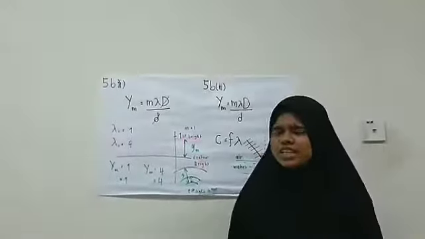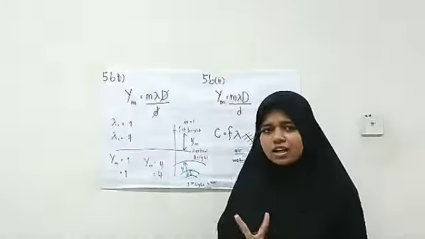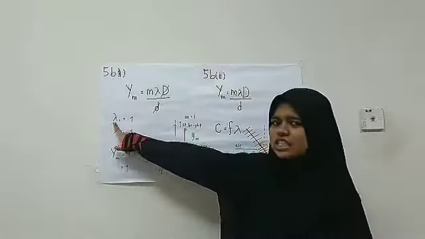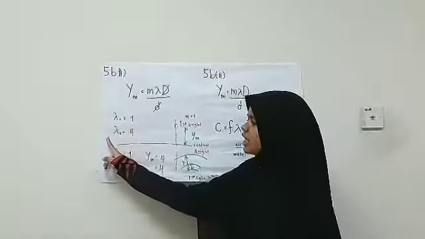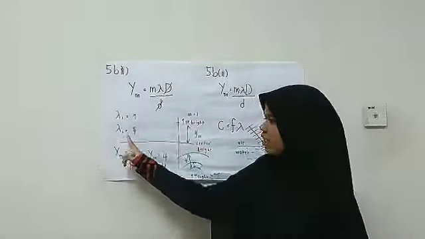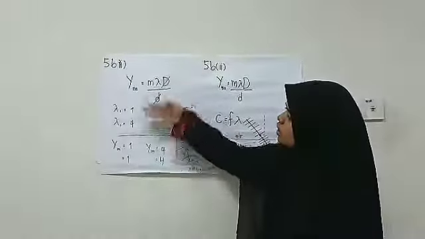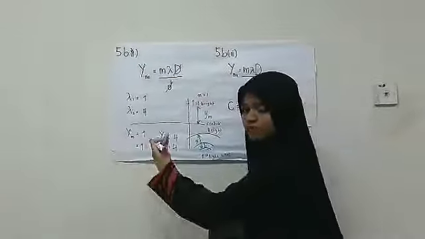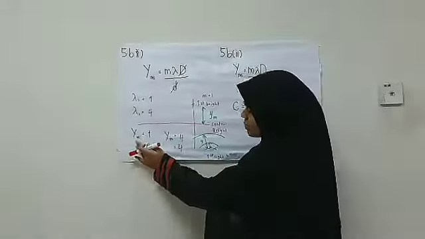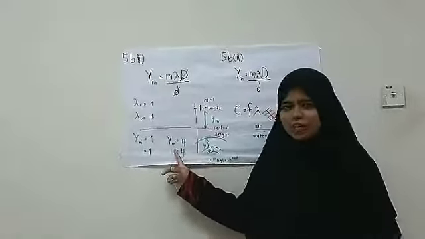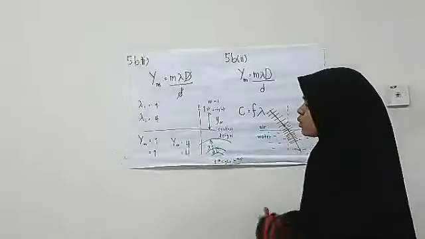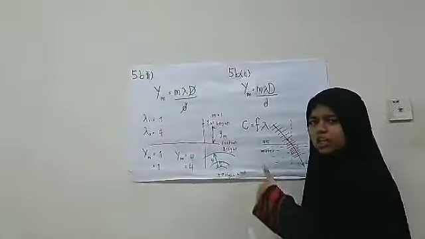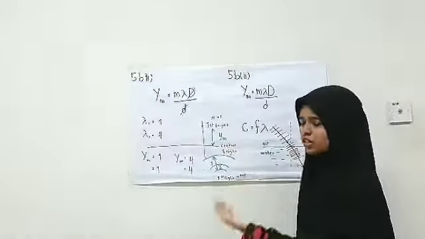Let's say I have two light waves with different wavelengths. The first light wave has wavelength 1, and the second light wave has wavelength 4. When we substitute these values into the equation, for the first light wave Ym is equal to 1, while for the second light wave Ym is equal to 4. From these values, we can create a picture to imagine what happens to the interference pattern.